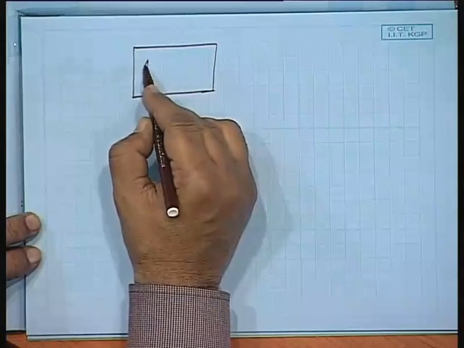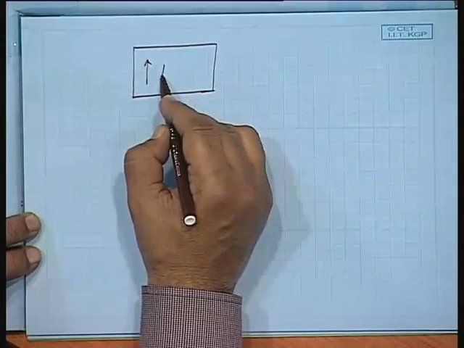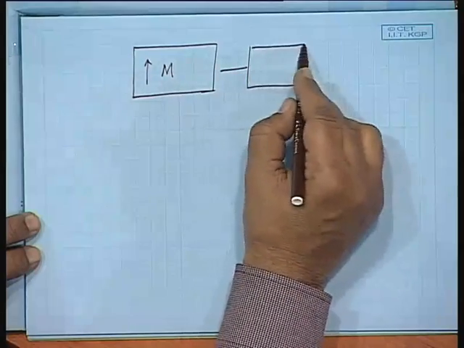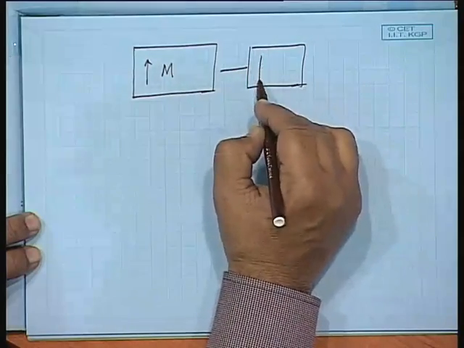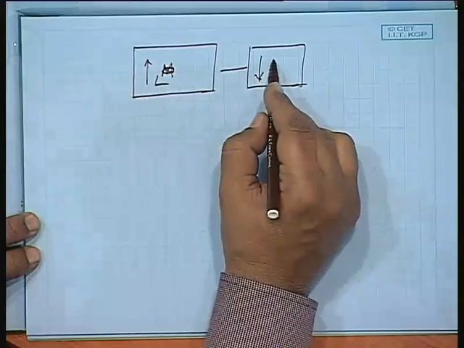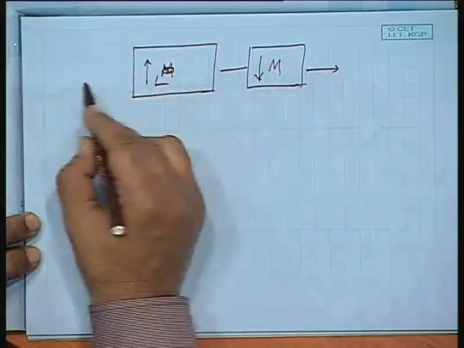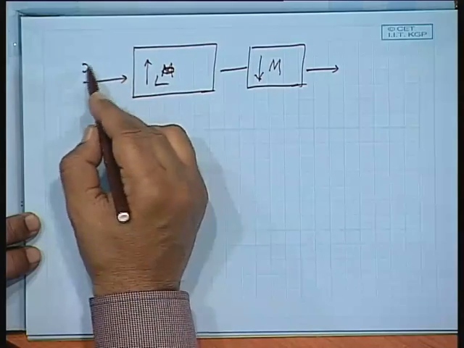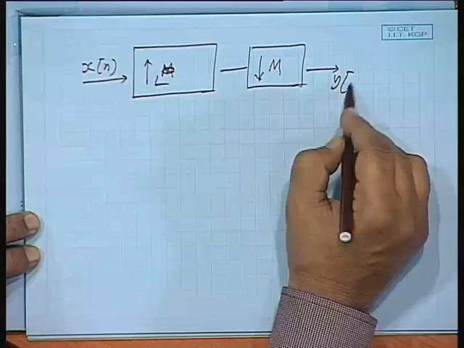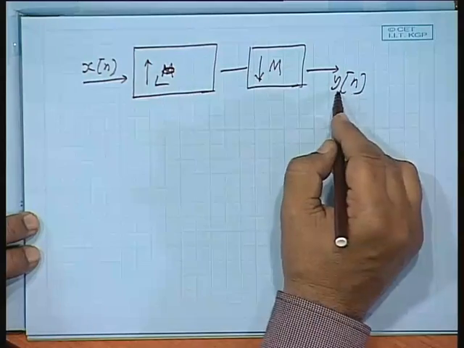Suppose I have an upsampler L and then a downsampler M. This is the input xn, and I am getting y1n.